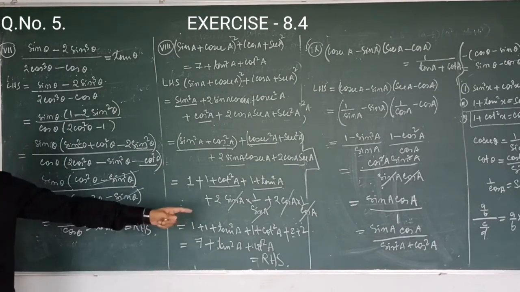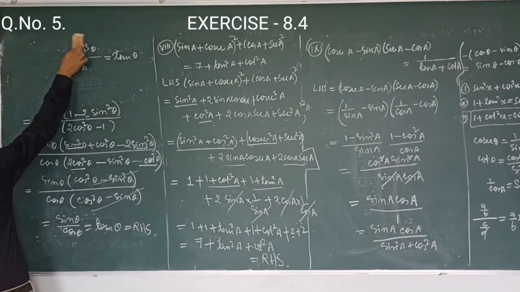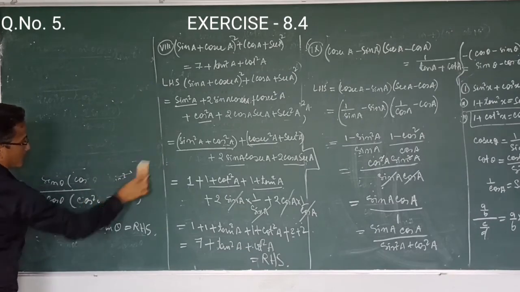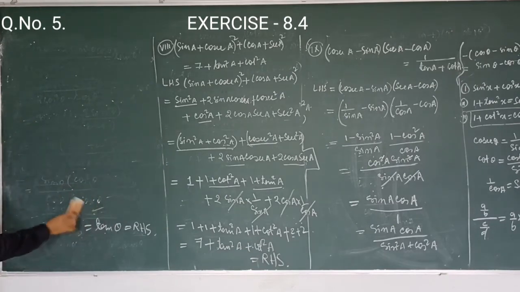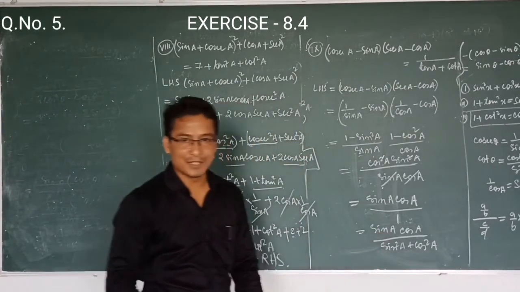Okay, let's see the other part here. So I am saying now 1 is a very important number. So we always take the benefit of the 1 for solving the question.